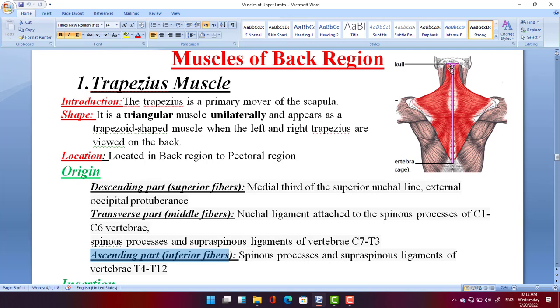These fibers which are coming down, if you follow the cursor of the mouse, are the descending fibers. The descending part or superior fibers take their origin from the medial third of the superior nuchal line and the external occipital protuberance. So this is the origin of the superior fibers.